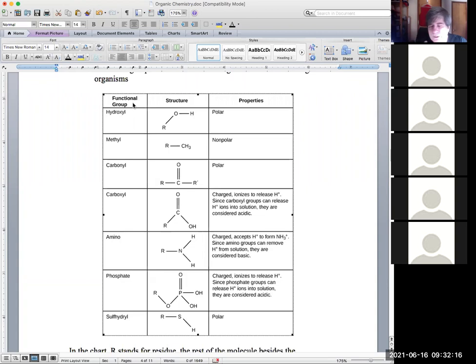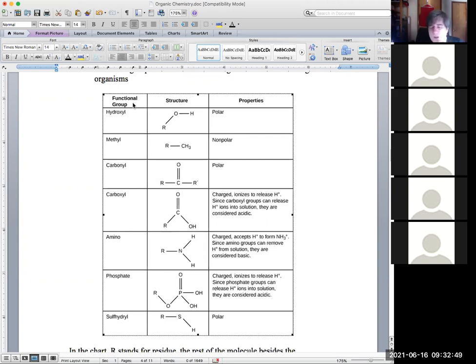Now, we're mostly interested in one of those chemical properties. The main thing that we're interested in is whether it makes that part of the molecule polar or nonpolar or ionic. Because when we look at areas of a molecule that are polar or ionic, they tend to mix pretty well with water. They tend to dissolve in water. If we look at parts of a molecule that are nonpolar, they don't mix so well with water.